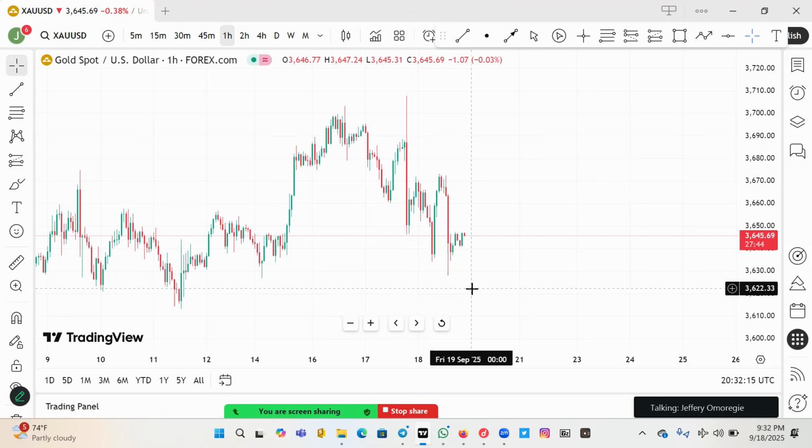That's simply what order flow in forex trading is talking about. Order flow in forex trading is simply talking about market direction. What has the market been doing, and what is it going to do? That is simply what order flow is talking about.